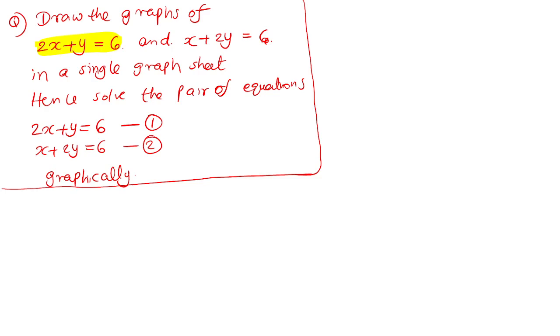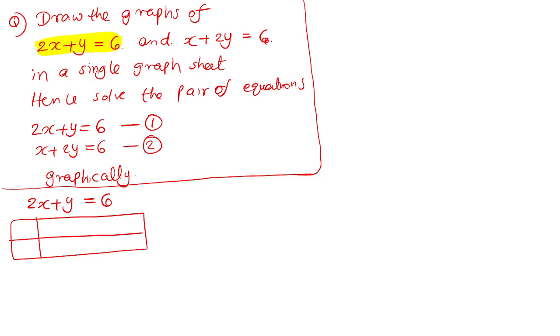I explained the method. I have the equation 2x plus y equal to 6. To draw the graph of this, you have to find 2 points on this line. Make a table like this, x and y. You have to put x equal to 0.